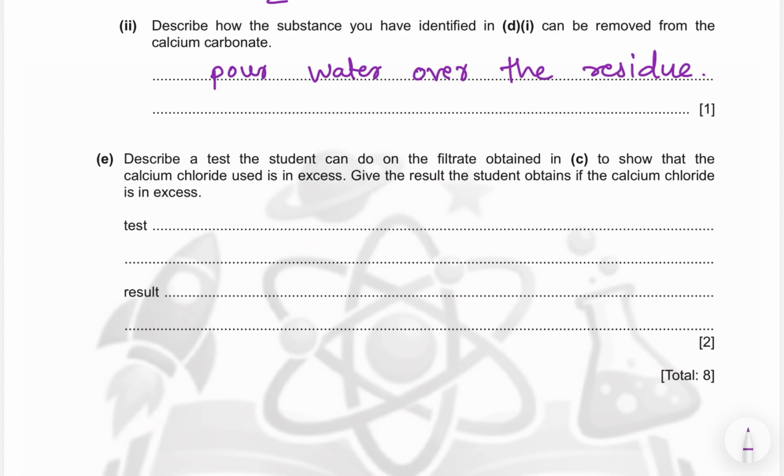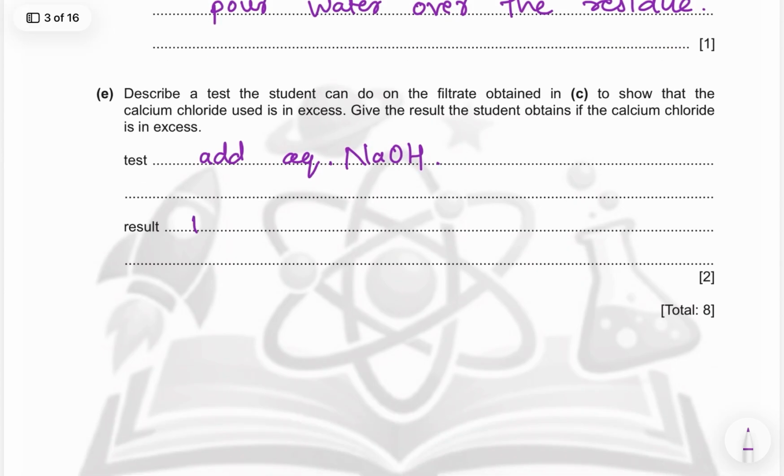If we add aqueous NaOH to calcium chloride, it is going to form a white precipitate which is calcium hydroxide. We can filter and we will get the residue of calcium hydroxide. Okay, so we can add aqueous NaOH to test, and it is going to give us a white precipitate.